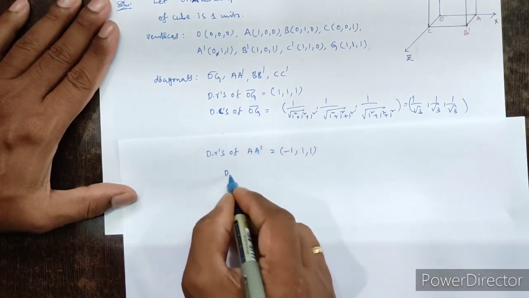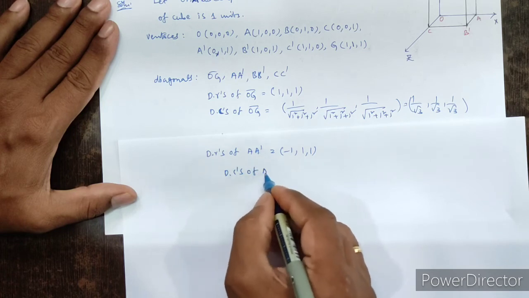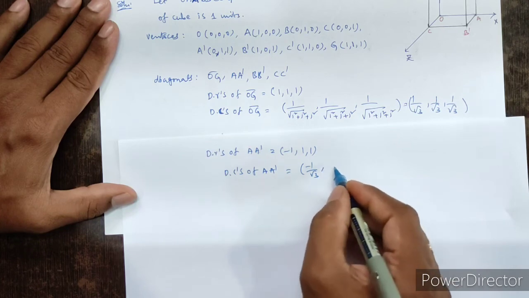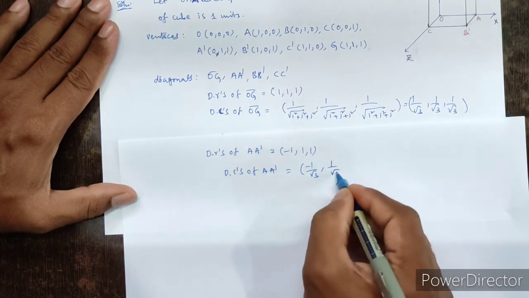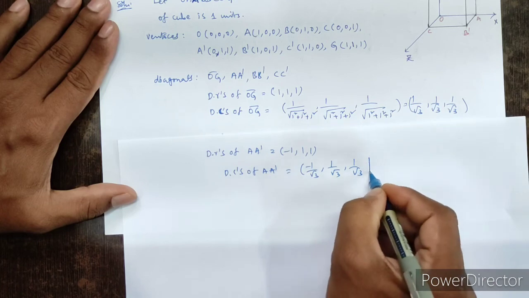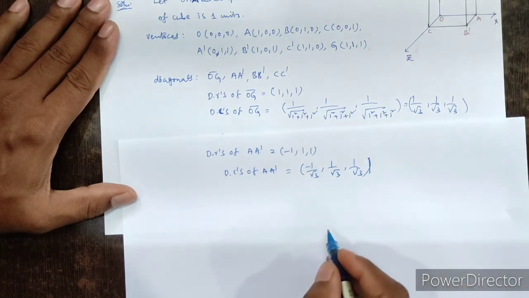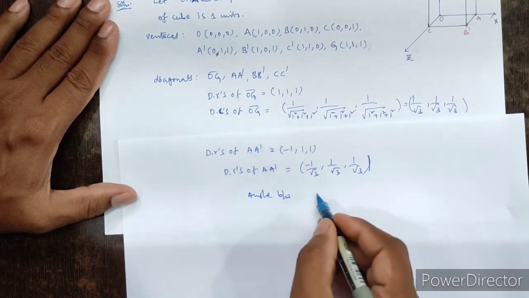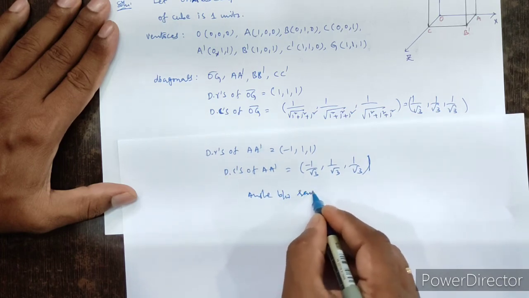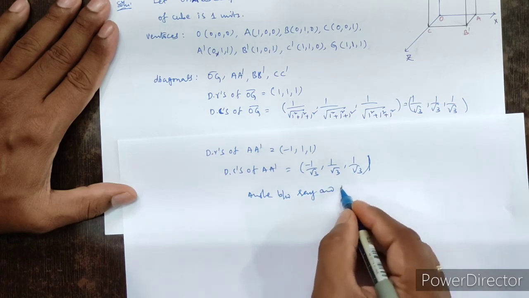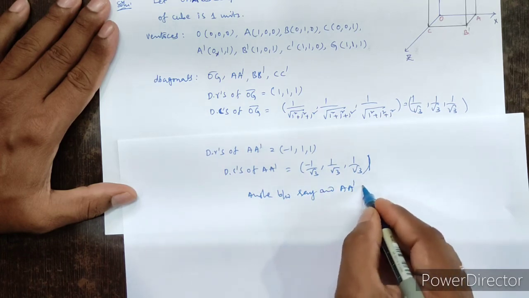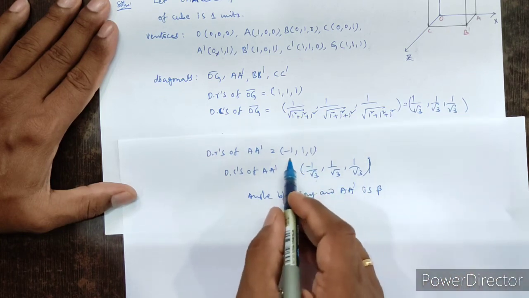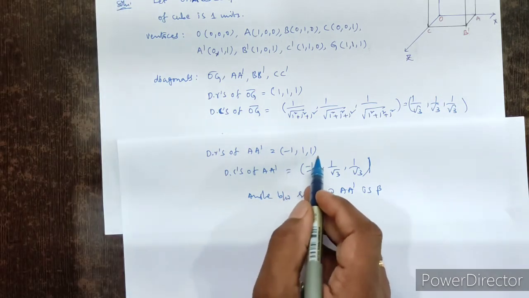So the direction cosines of diagonal AA dash are minus 1 by root 3, 1 by root 3 comma 1 by root 3. Similarly, the angle between the ray and diagonal AA dash is beta. This is L1 M1 N1, and this is L2 M2 N2.